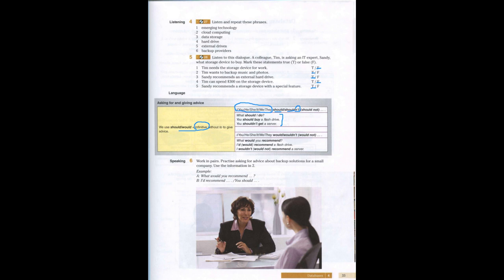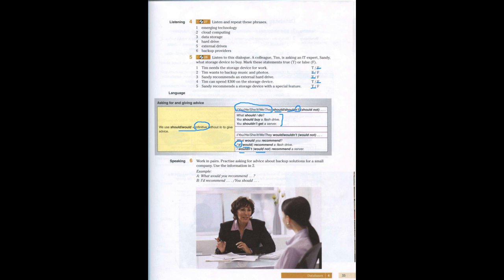I'd recommend a flash drive. This is the short form of would: apostrophe D. I wouldn't, would not, recommend a server. This is the short form, this is the long form.